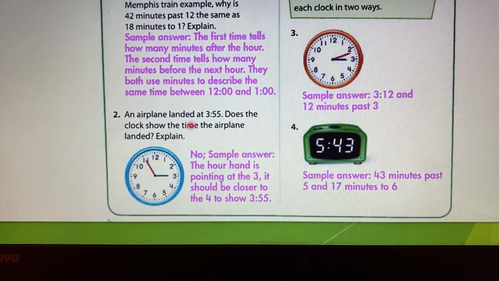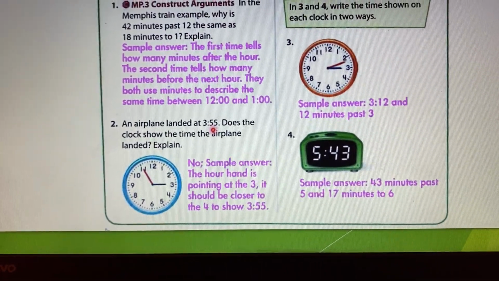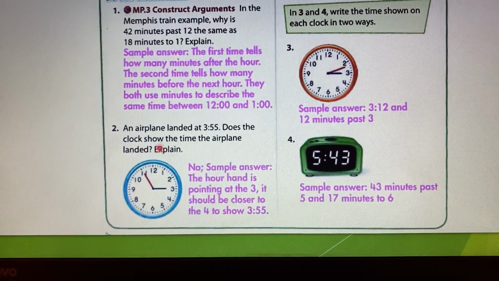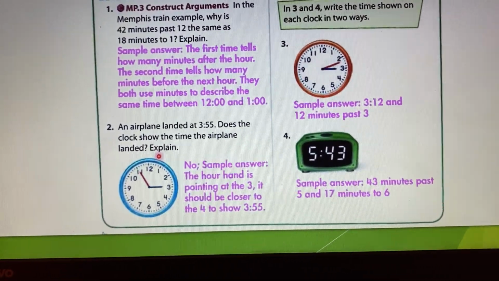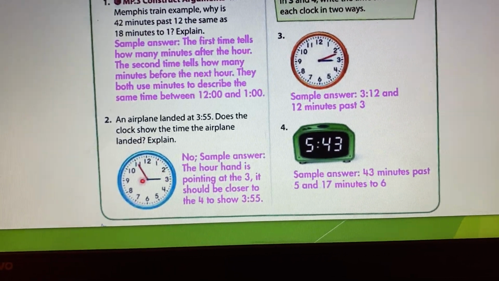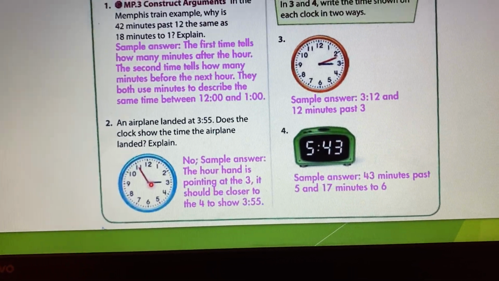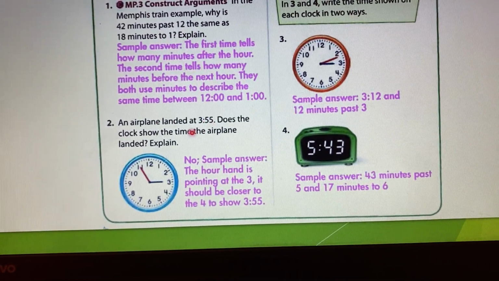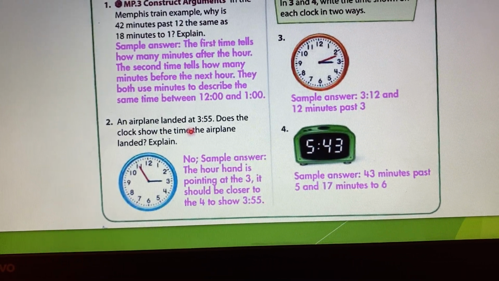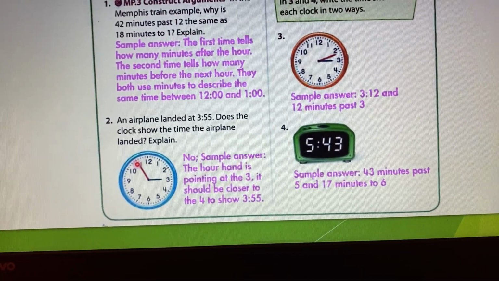An airplane landed at 3:55. Does the clock show the time the airplane landed? Let's see. Look, they pointed on 3 exactly, and the long hand, or the minute hand, on 11.